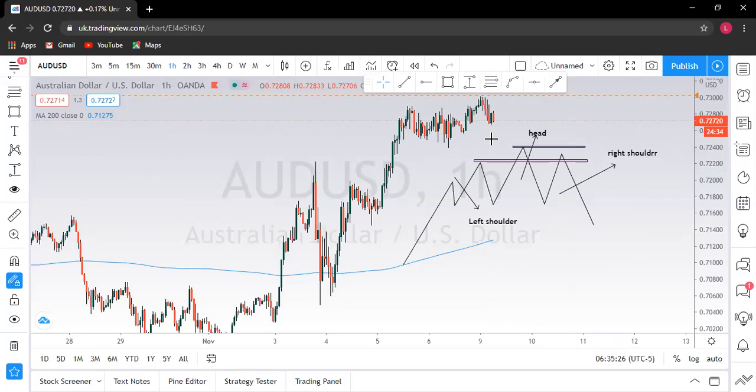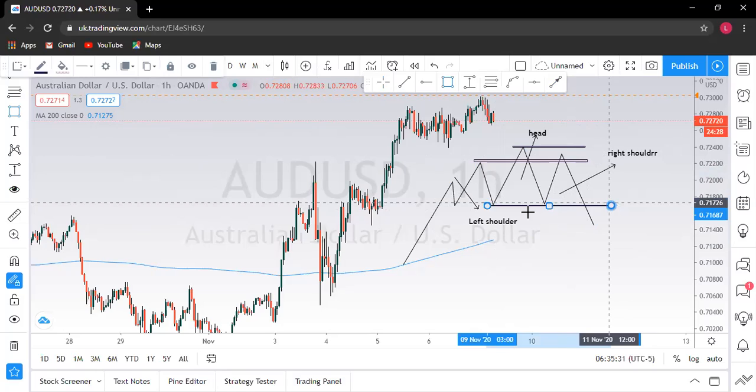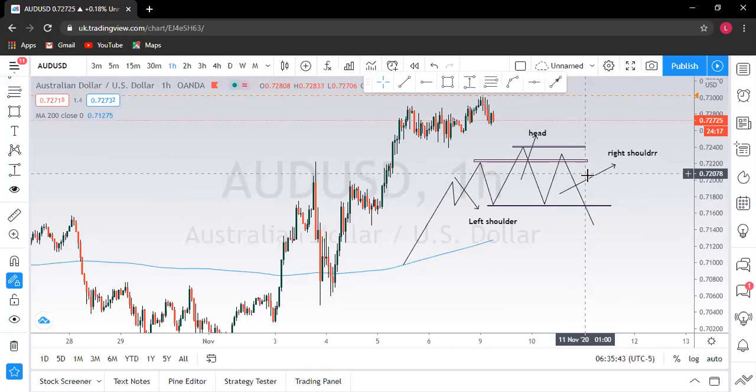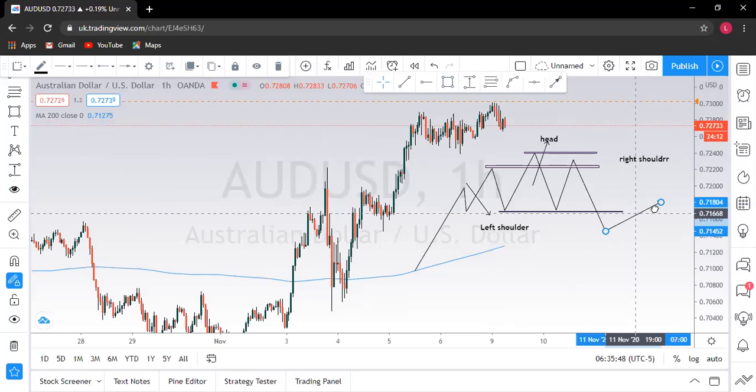This will be the neckline. So this will be the break of the neckline. You wait for a break and retest of the neckline before you actually sell. That validates the fact that the trend has actually changed.